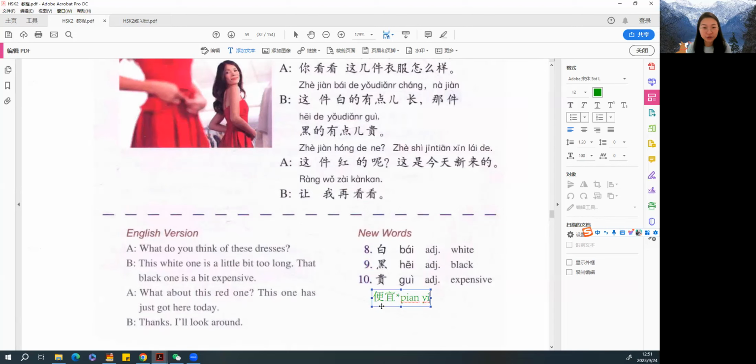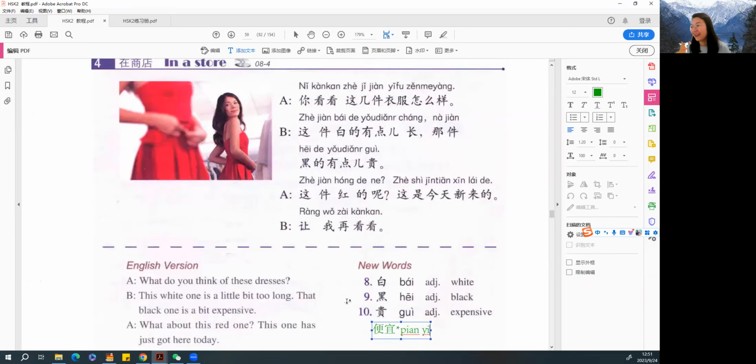It's actually on the positive side, so it's not the same meaning as cheap in English. It's more affordable. Like in German it's günstig, it is not billig. So this product is 便宜. It's very affordable. It's in a good price. I think this price is pretty good. So 便宜 is not a negative adjective.